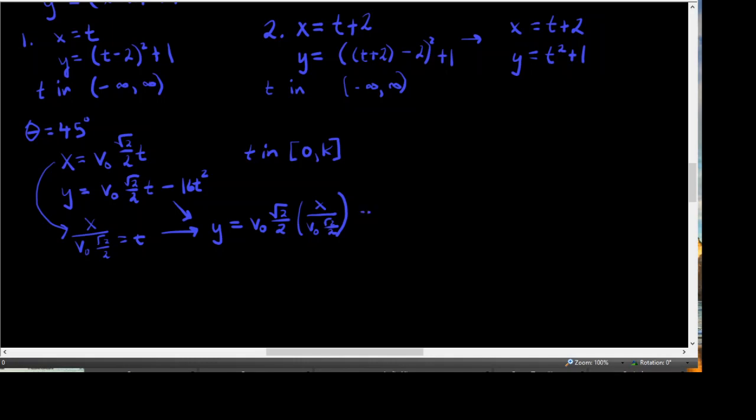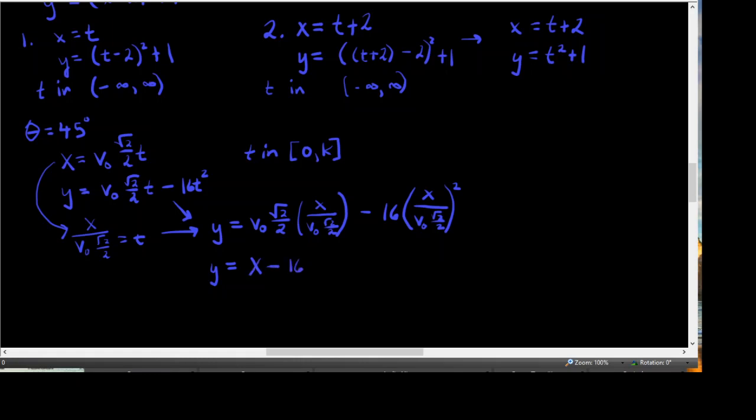All right, anyway. So this would be 16 times t, which is x over v sub naught times the square root of 2 over 2, quantity squared. So in the first term, the v sub naught and the square root of 2 over 2 cancel each other out, leaving x.